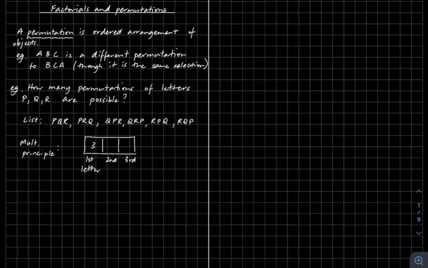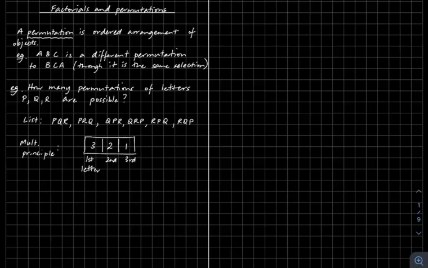Now after we've chosen one of those, there's only going to be 2 remaining letters. So in the second choice, or the second position, there are 2 letters remaining, and by the time we've chosen 2 of them, there's only going to be 1 left. Now, obviously, depending on what was chosen first and second will make a difference to what that last one is, but there'll always only be 1 option remaining for the last choice.